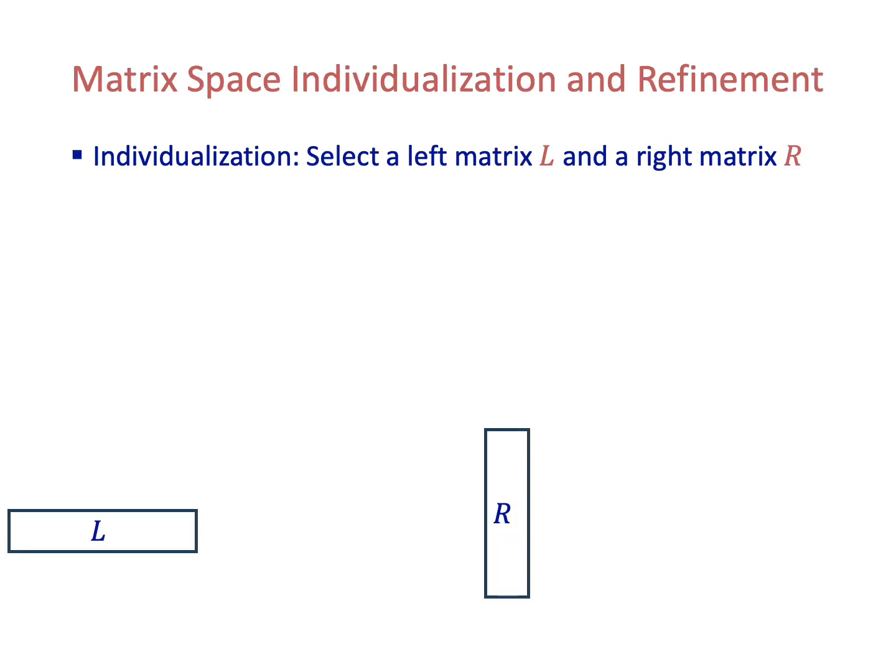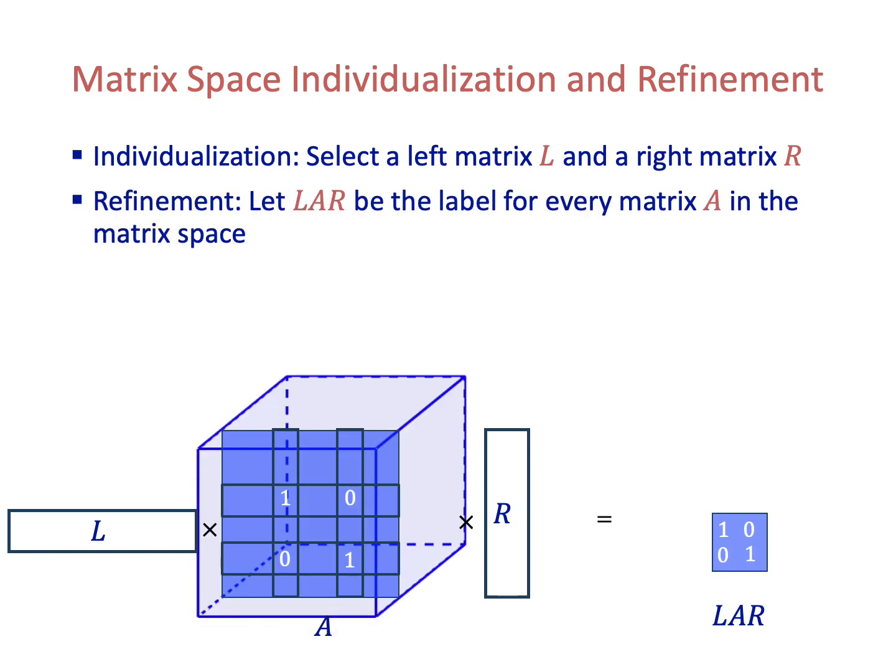In our approach, for a matrix space, the individualization selects two matrices, a left matrix L and a right matrix R. In the refinement step, for each matrix in the matrix space, we multiply by L and R from the left and the right, and take the resulting multiplication as the label for the matrix from the space.